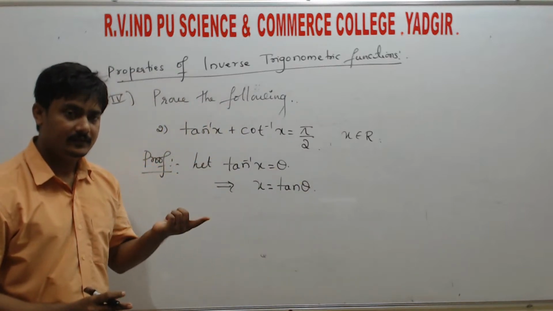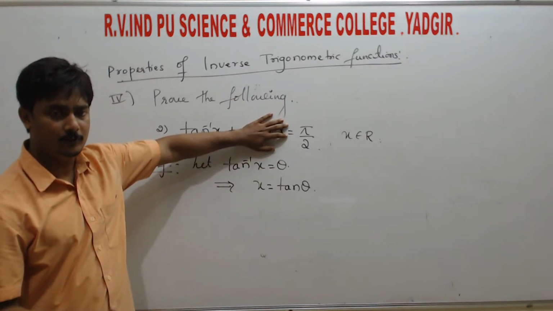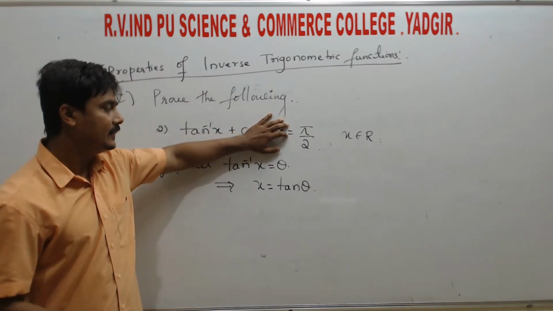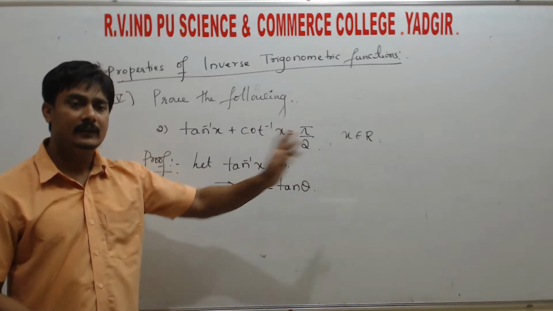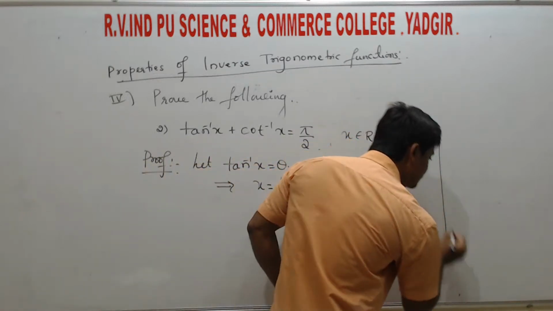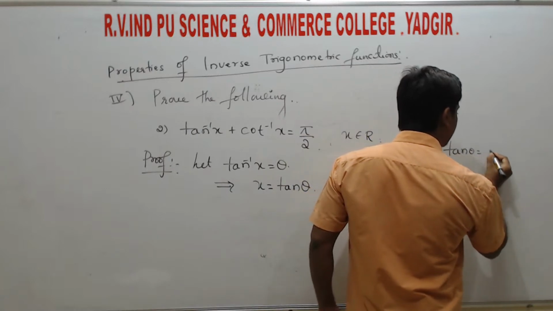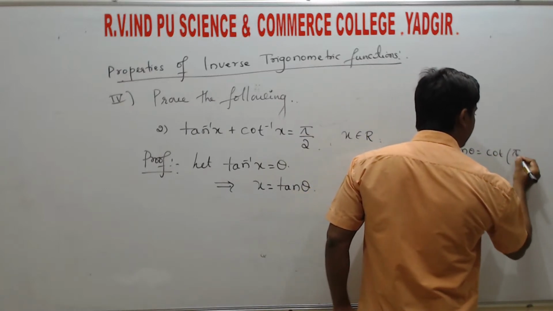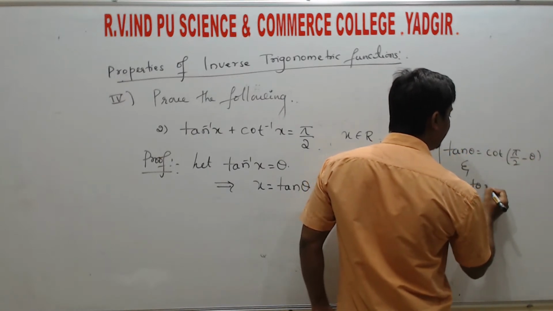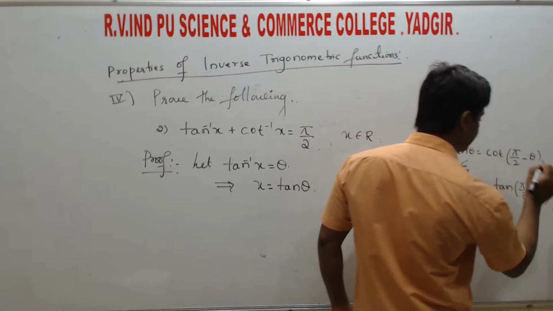Now you must think, in the final answer I need what? Cot inverse x also. So here you need to apply a step such that this tan theta is expressed in terms of cot. For that we have a simple formula. Tan theta can be written as cot of 90 minus theta, and cot theta can be written as tan of 90 minus theta.